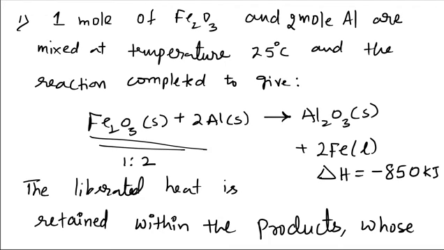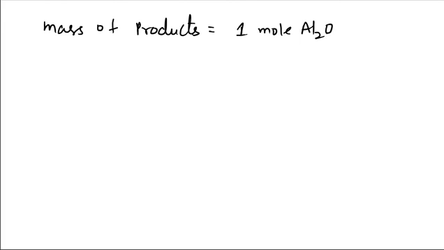Therefore, what is the mass of the products? Mass of products equals 1 mole Al2O3 plus 2 mole iron. Let's convert them into grams. 1 mole Al2O3 mass is: aluminium is 27 times 2, 54, plus 3 oxygen, 16 times 3, 48, that is 102.